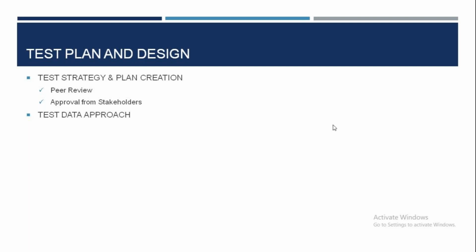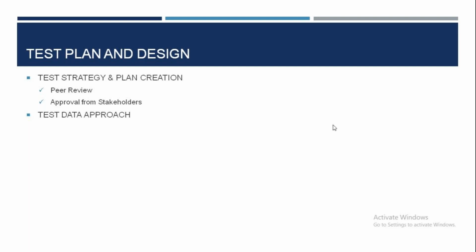We should only be worried about the positive scenario test data. How to create that test data, what is valid test data, all those things you need to understand from the functional testing team, the business analysts, the business users, the development team, and come up with your test data approach.